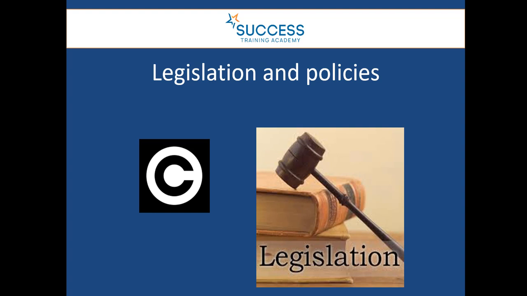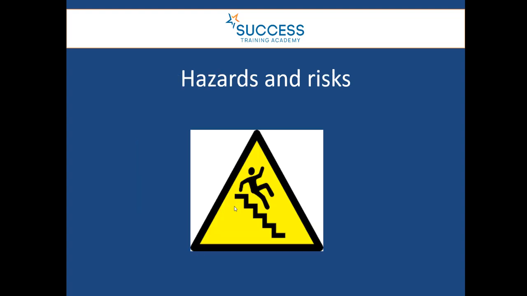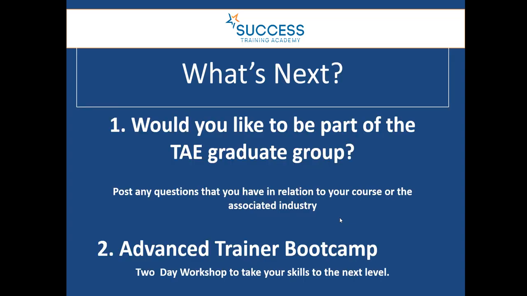For example, in a unit such as responsible service of alcohol, that really impinges on legislation quite a bit, and students need to be aware of the laws that they need to be following. Hazards and risks, make sure that you identify them, always be on the lookout for them, and that really comes back to your safety management, your safety plan.